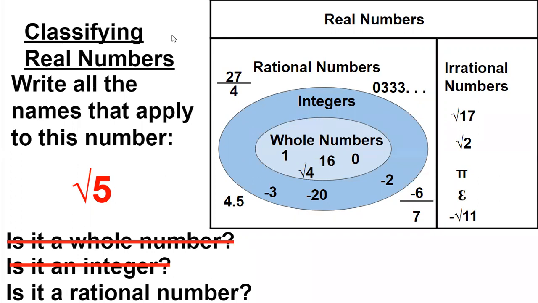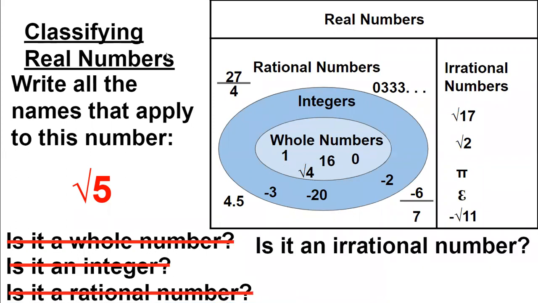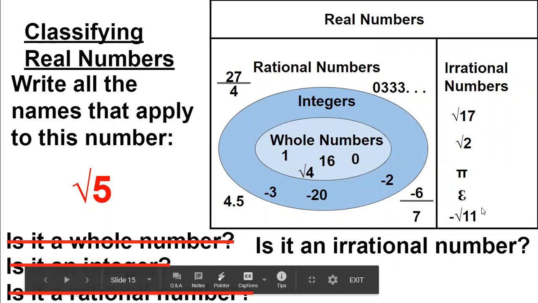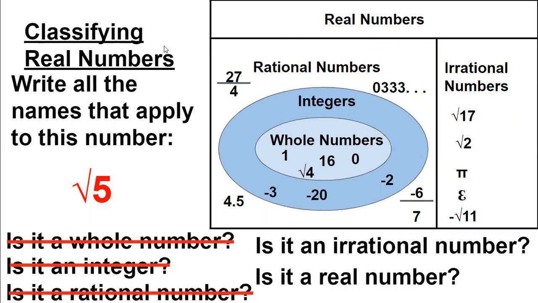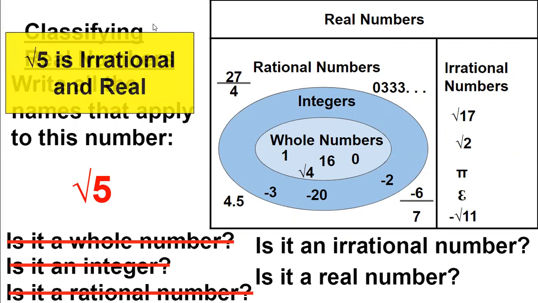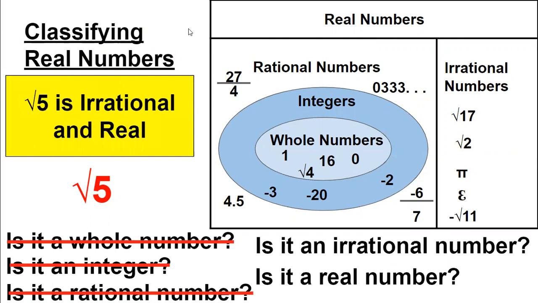So no, it is not able to be written as a fraction. Is it an irrational number? There we go. It is in this category over here of irrational numbers. So yes. And then the last question, is it a real number? Well, irrational numbers are part of the real number category. So yes, it is a real number as well. So we can say that square root of 5 is irrational and real.